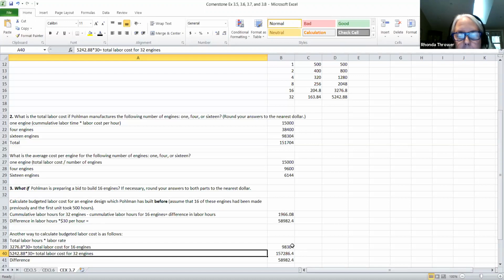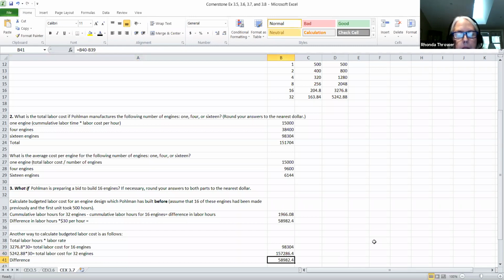If you subtract 98,304 from 157,286, it will leave you with 58,982.40. Notice this was equal to this, so there's two ways that you could have calculated that cost.